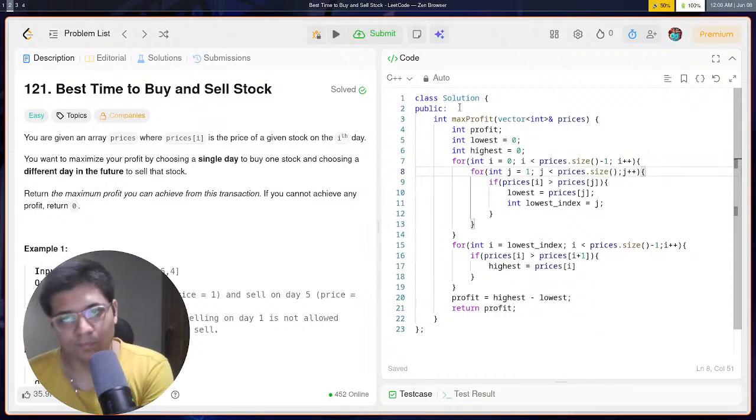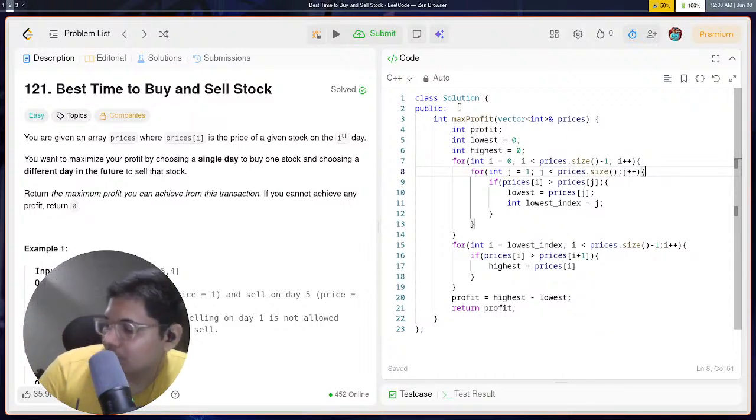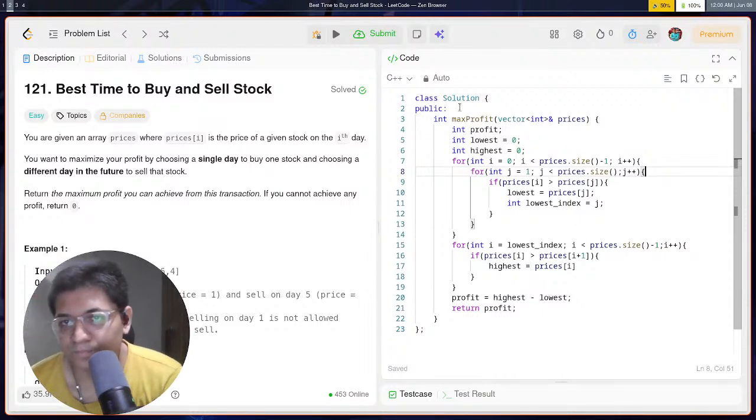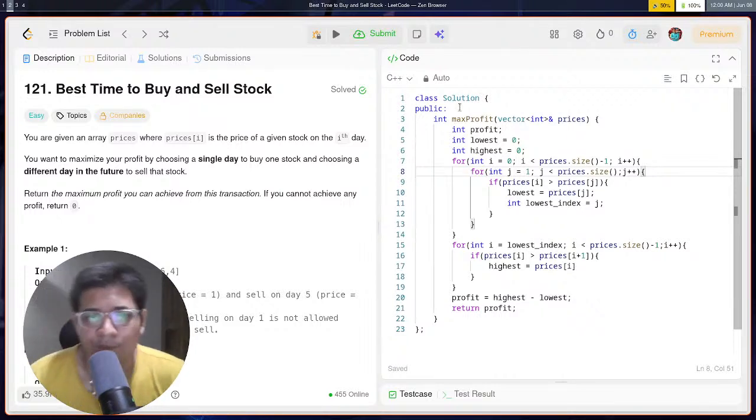We can. Oh, we were dry running. Let's check again. Prices i, prices j. If prices i is greater than prices j, 7 is not greater than 1.